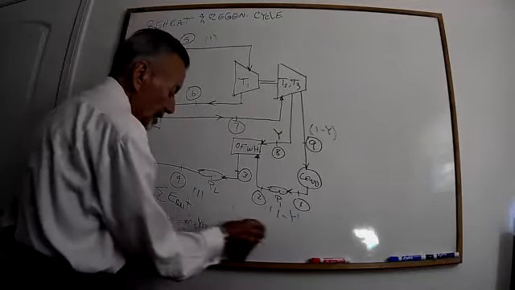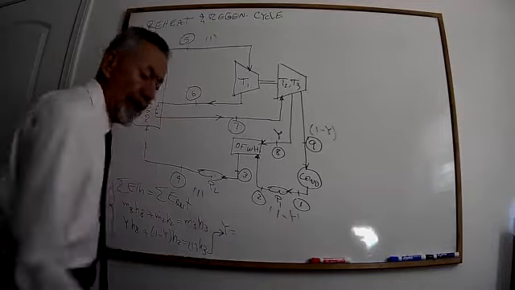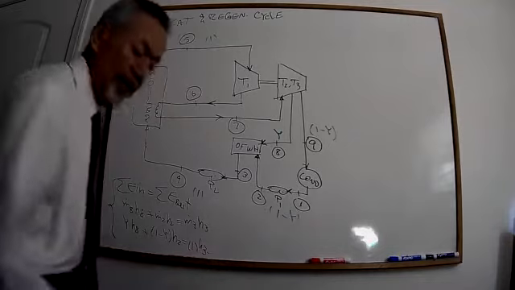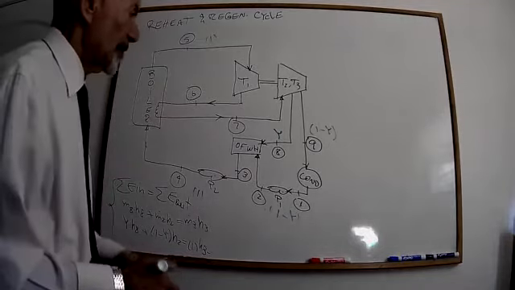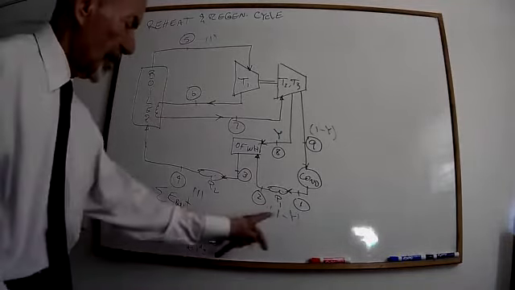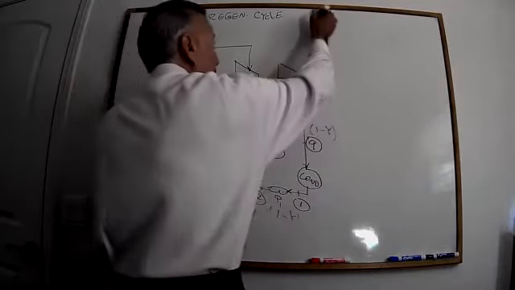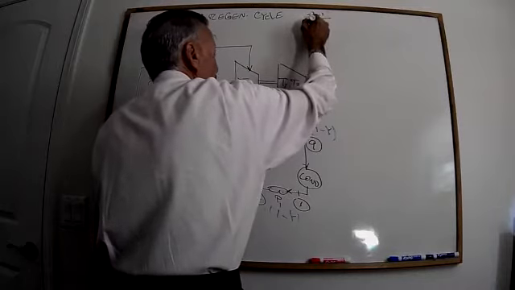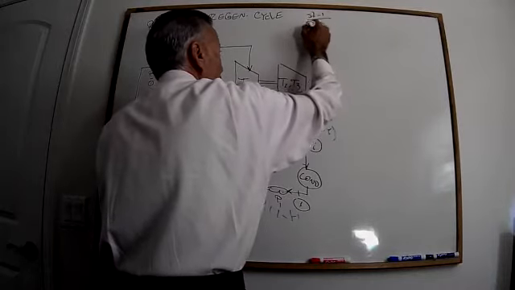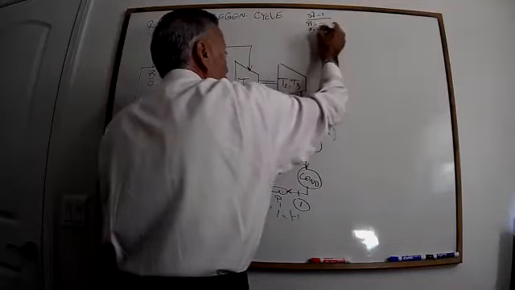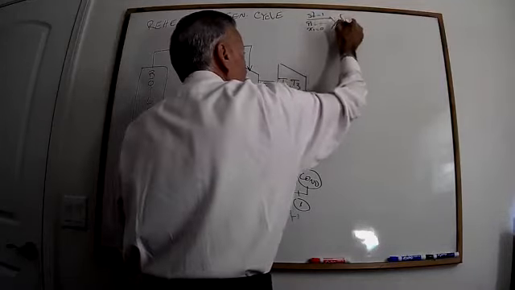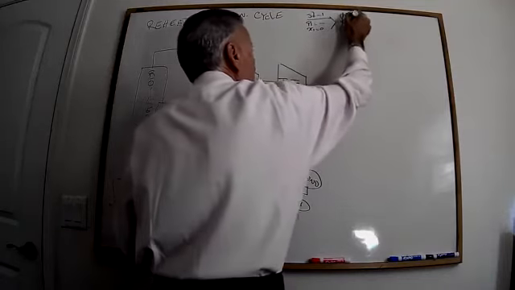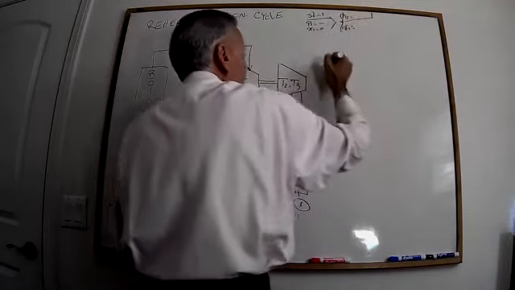So, for a problem like this, the solution is very simple: find all the H values. We go state by state, and again, at state 1, we have P1 and X1 is equal to 0. So this way we can find H1 and V1 values.